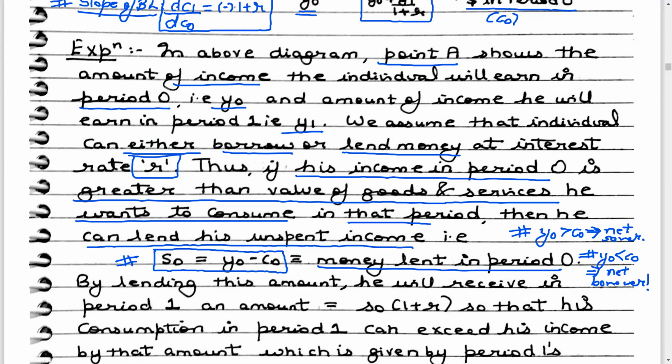In period 1, you will receive your savings plus the interest on those savings. So by lending this amount, he will receive in period 1 an amount equal to S0 into 1 plus R. That means when we are saving in period 0, in period 1 we will receive back our savings plus the interest on those savings.